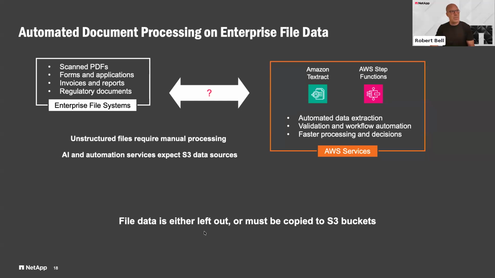So if we talk about services like Amazon Textract, which can take scanned PDFs, scanned files, and images of handwritten documents, understand the logic there and translate that into knowledge, then you have a service like AWS Step Functions, which can do a series of simple steps that would typically be done by people.